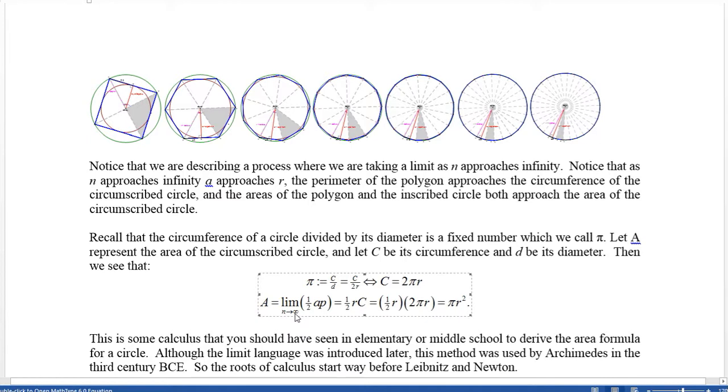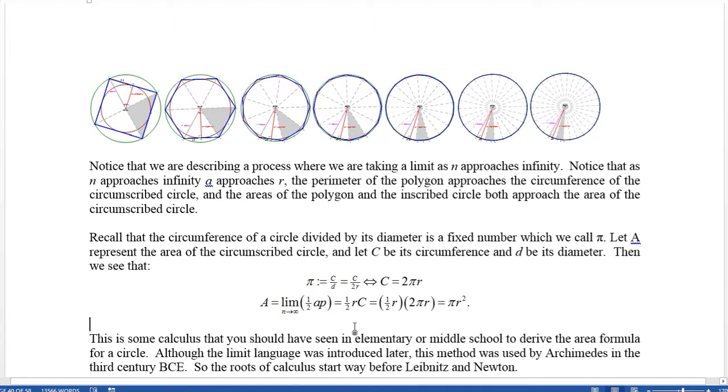But as we take the limit as n goes to infinity, 1/2 of course stays 1/2, but A is approaching r and P is approaching C. The apothem is approaching the radius and the perimeter is approaching circumference. Circumference is 2 pi r, the 2 and the 1/2 cancel, and the r, we can write that with an exponent, and we see that the area is pi r squared.